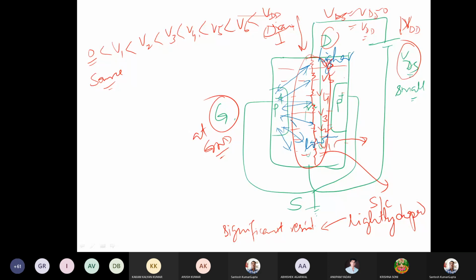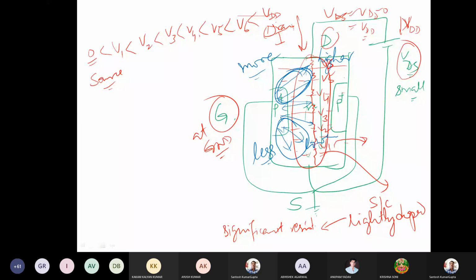So reverse biasing on the source side is less, whereas the reverse biasing on the drain side is more.